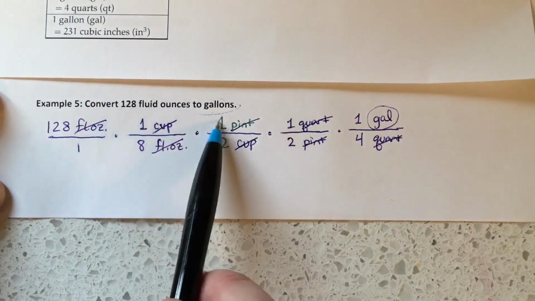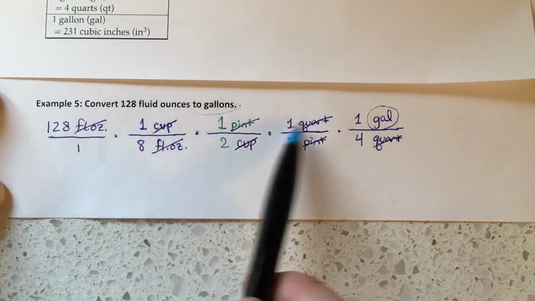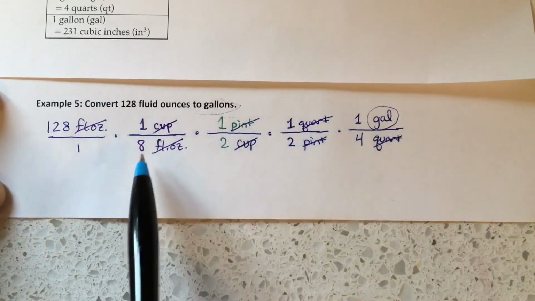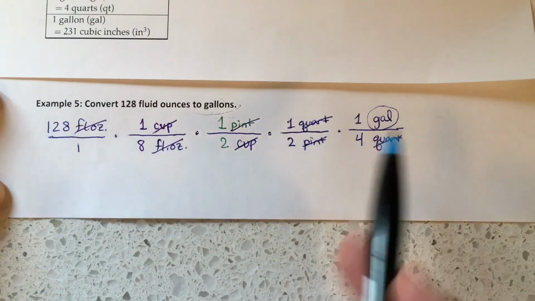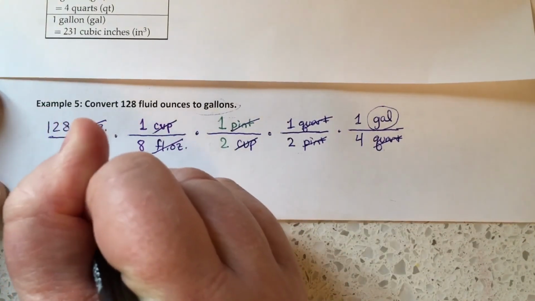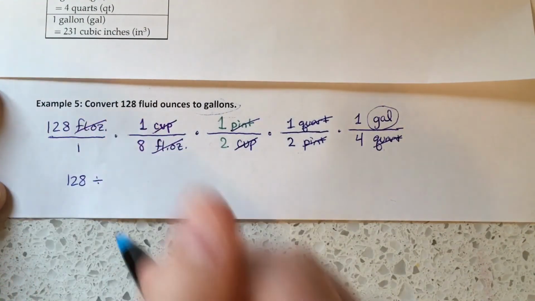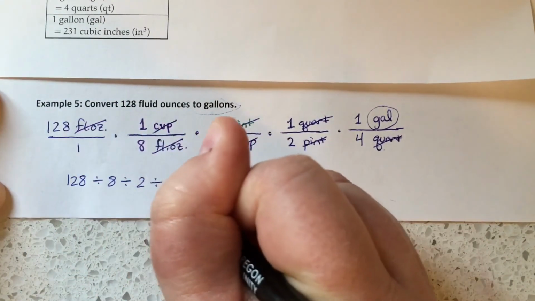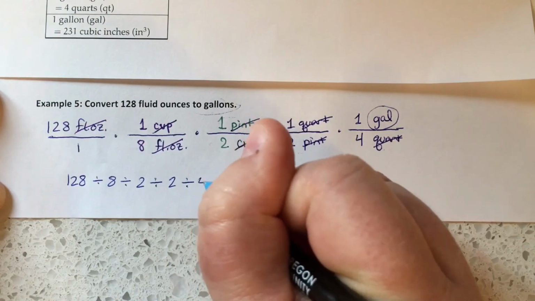Multiplying by 1 on the top, 1 times 1 times 1 times 1, that's all just multiplying by 1. Doesn't change anything. All these numbers in the bottom, though, we need to divide by. So in the calculator, what I'm going to type is 128 divided by 8, divided by 2, divided by 2, divided by 4.